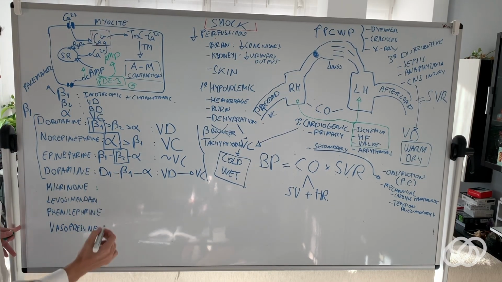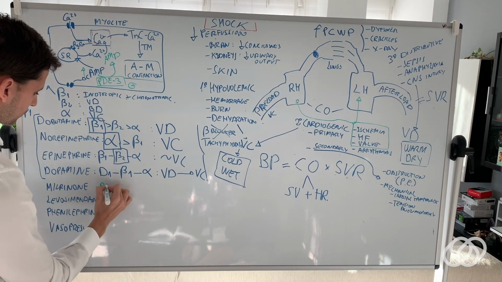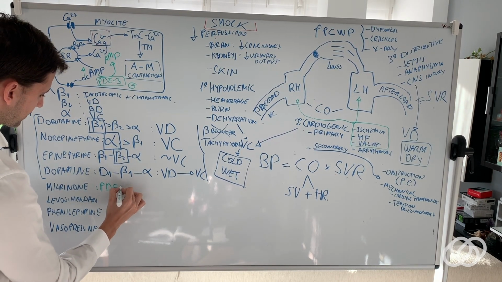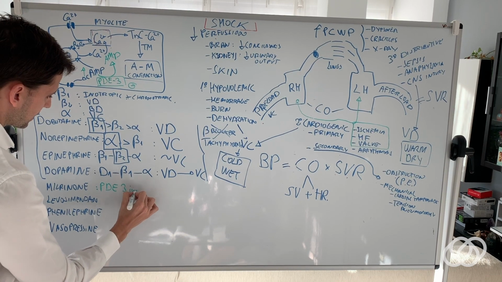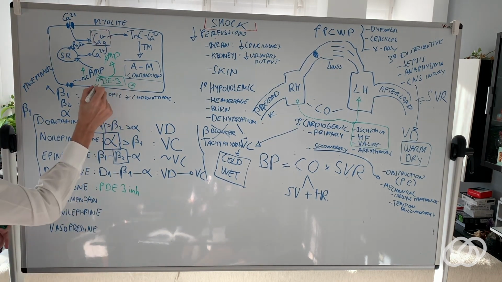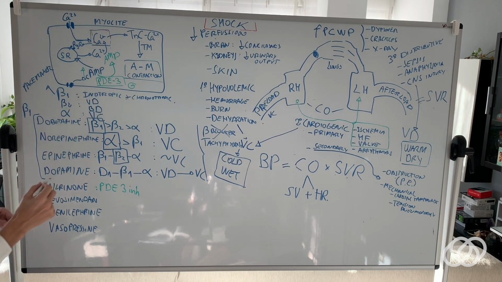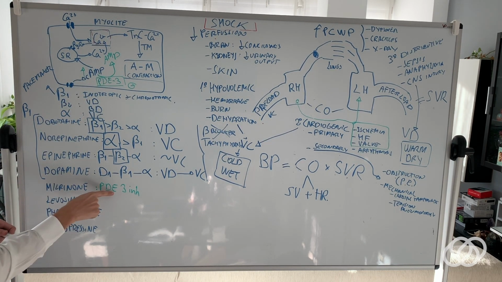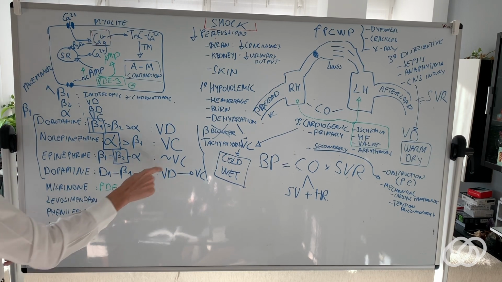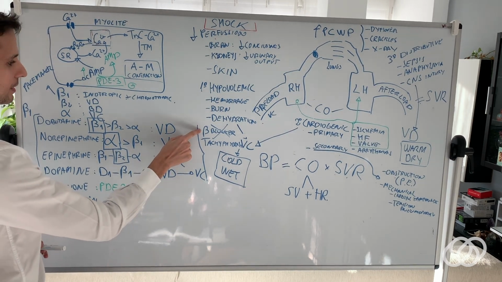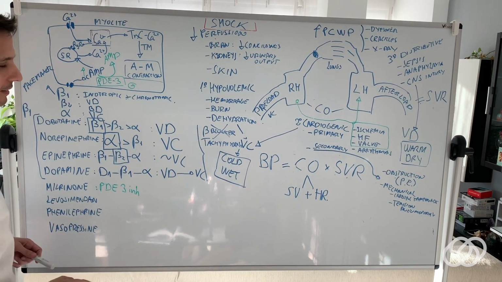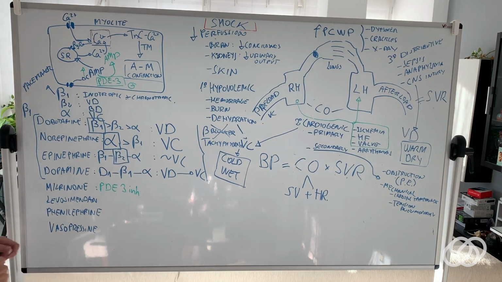Milrinone is a phosphodiesterase 3 inhibitor. Therefore, with milrinone, we can give it in patients with beta blockers and it doesn't have the tachyphylaxia effect.